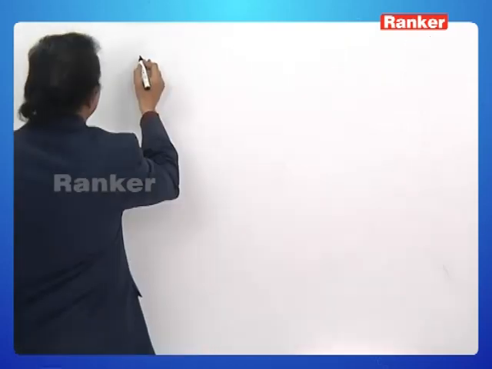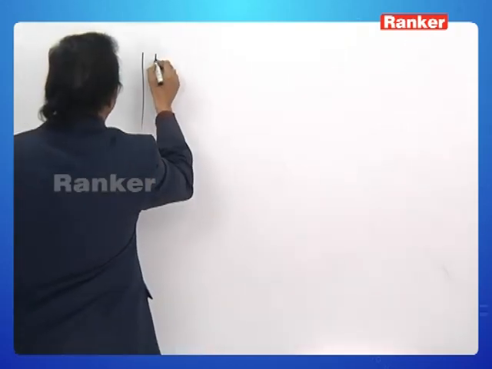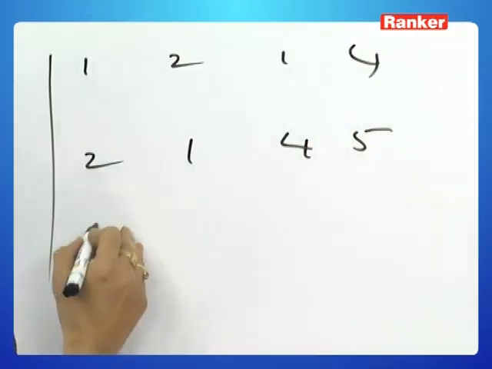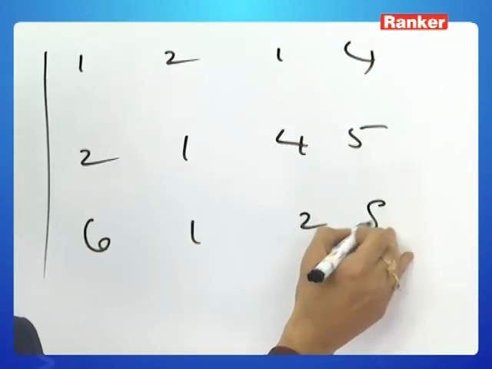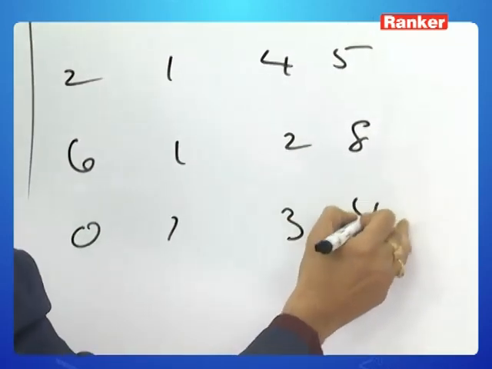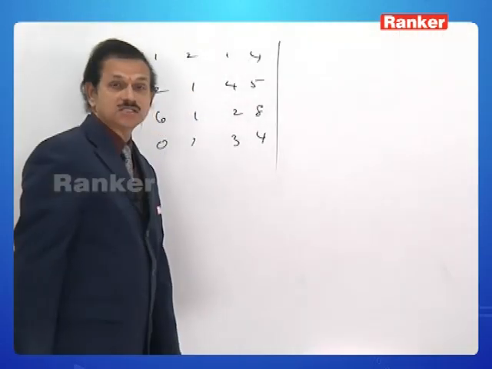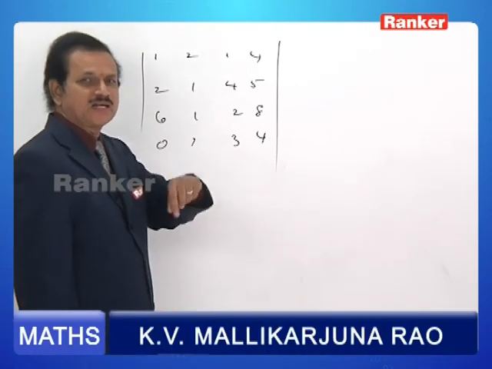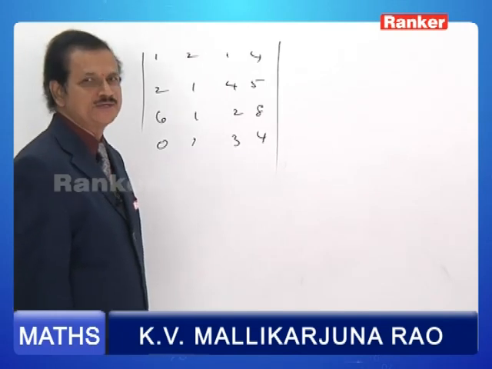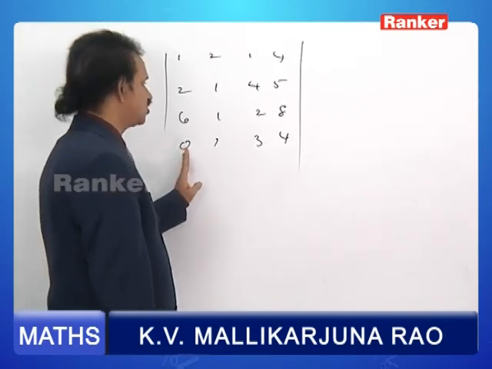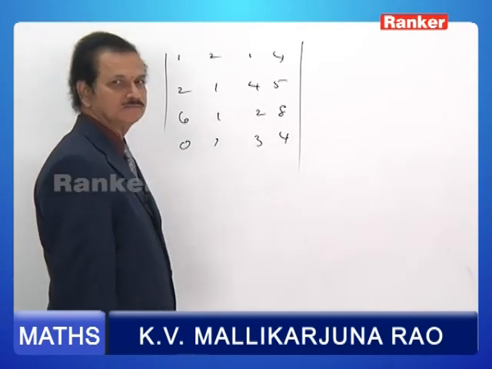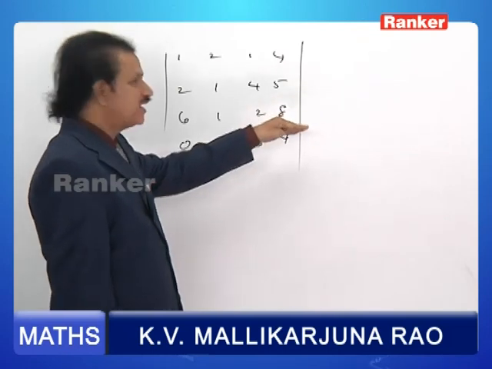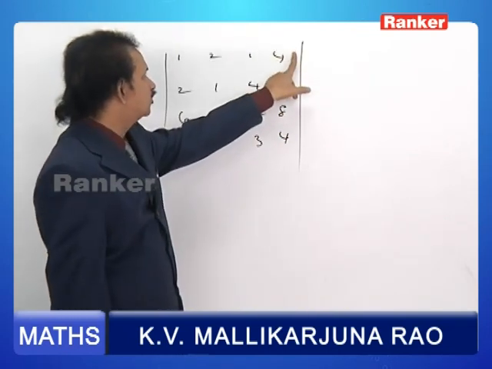Next one, you consider this example. 1, 2, 1, 4, 2, 1, 4, 5, 6, 1, 2, 8, 0, 1, 3, 4. What do you say about this? This is a 4 by 4 determinant. Suppose in a particular case you may need to shift this first column to this place, so this becomes the fourth column.